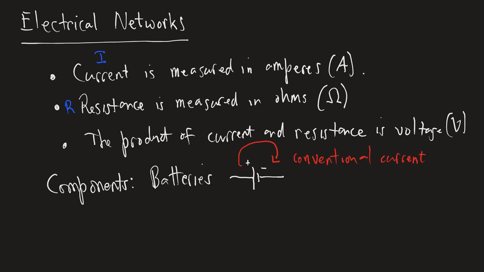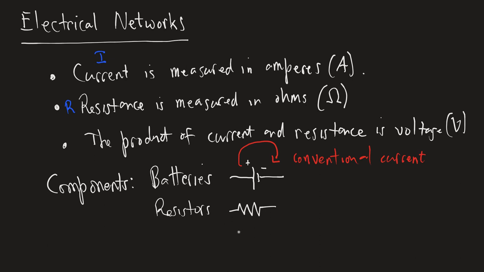What else are we going to have? Well, we're going to have resistors, and they do what their name says: they resist the flow of current. Our symbol for resistance is this kind of jaggedy edge thing. And that's it.